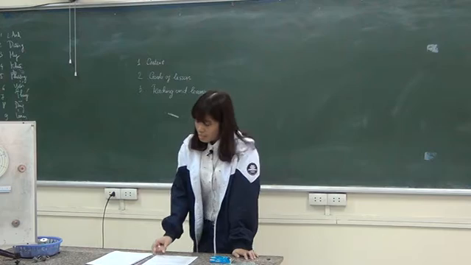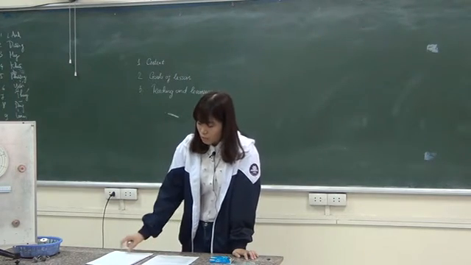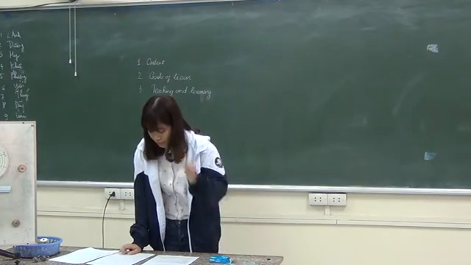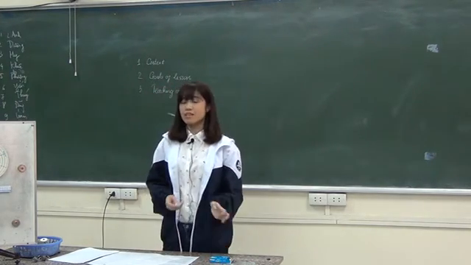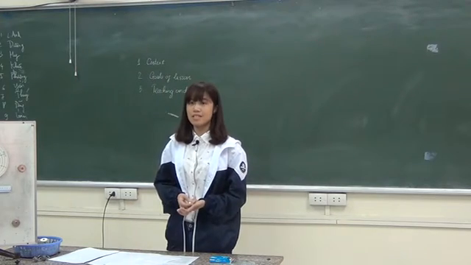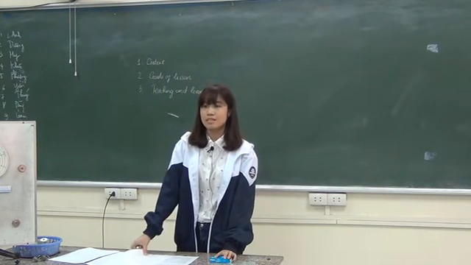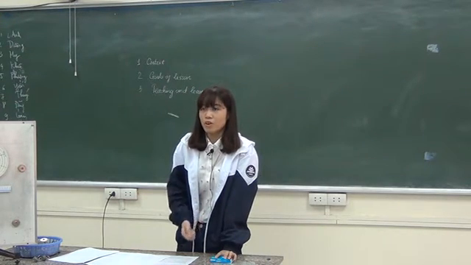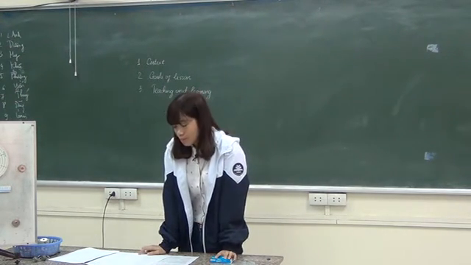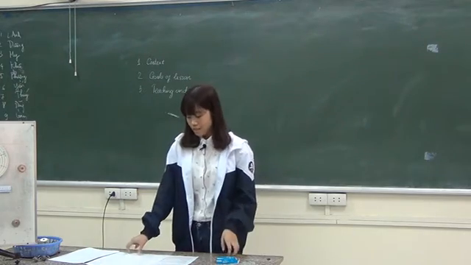So it is important to have an inquiry question: which factors does the turning effect depend on and how does it depend on them, and what is the condition of equilibrium of a rigid object about a fixed axis?